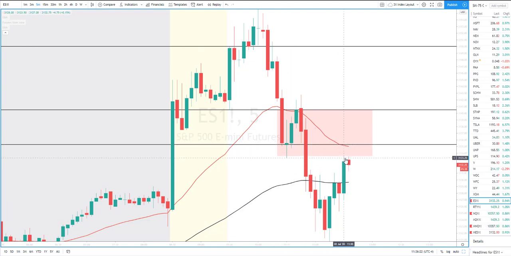If I wanted to go short, I could look to put a stop above this, and then again I can ask the question, is the distance between this entry and above this line more than I'm willing to stomach? If it is, then I can't get in here. I need price to get closer to this black line. And then if price doesn't get there and it starts to roll over, well, I'm already biased to the short side.